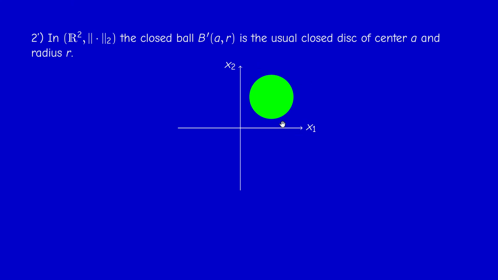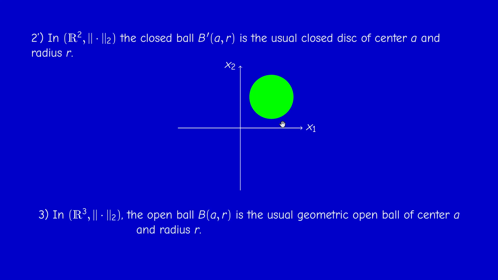Now, in R3 with the Euclidean norm, as you know, we get the familiar geometry. A ball in R3 with the Euclidean norm is just the familiar usual geometric open ball of center a and radius r that you can picture, you can draw if you like. So here the two notions coincide. A ball is a ball.